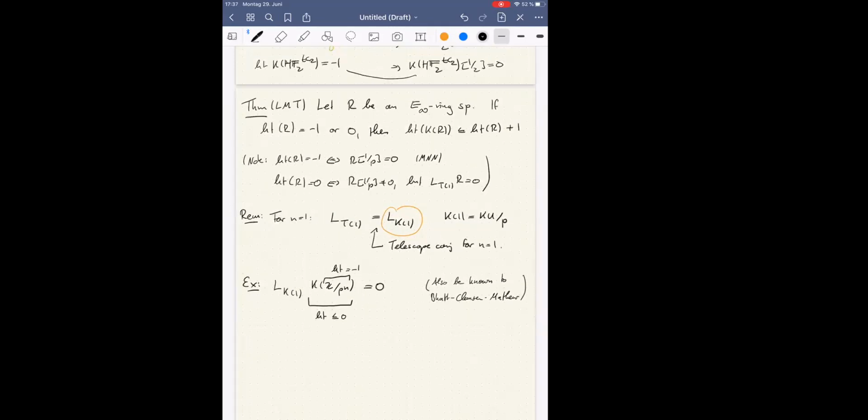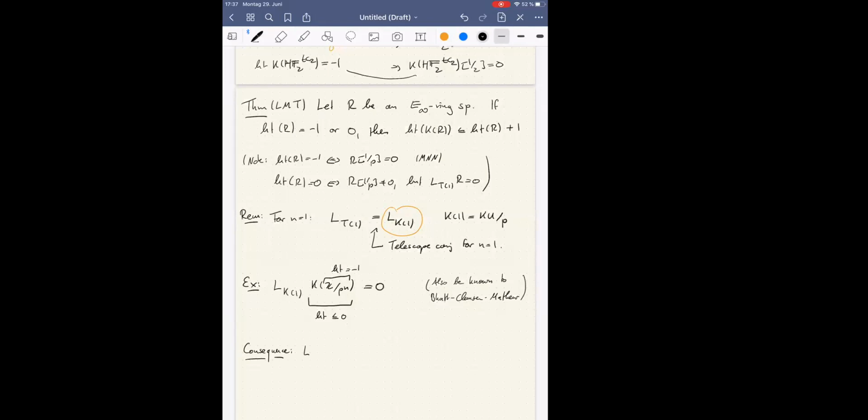And I want to mention that this implies that K1-local K-theory has quite remarkable properties. So, a consequence, and I'm allowed to say that these are remarkable because the theorem is not originally due to us, we just reproved it.